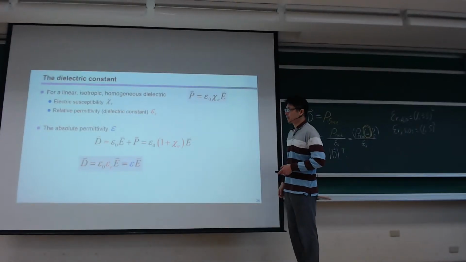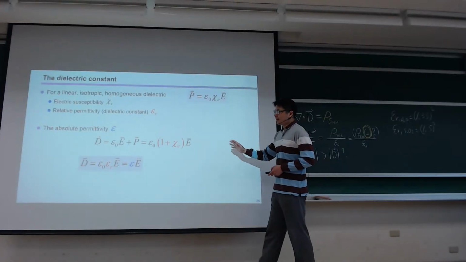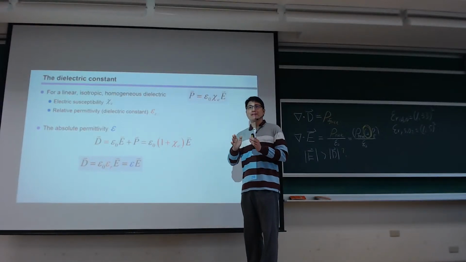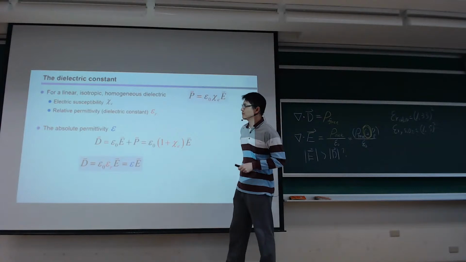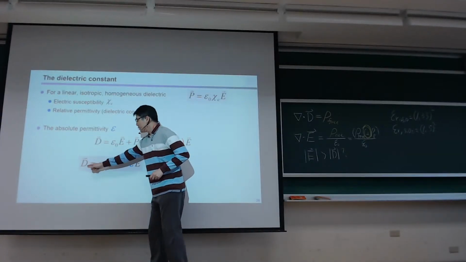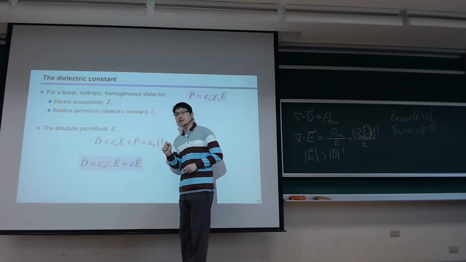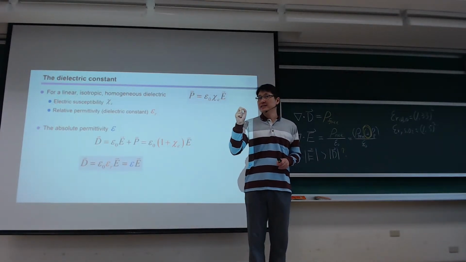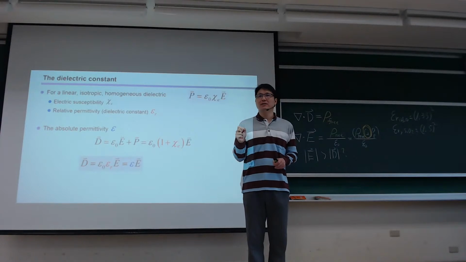Okay? Now, again, the very last minute, the most important message of wisdom. D equals epsilon E. Again, this is a confusing formula.